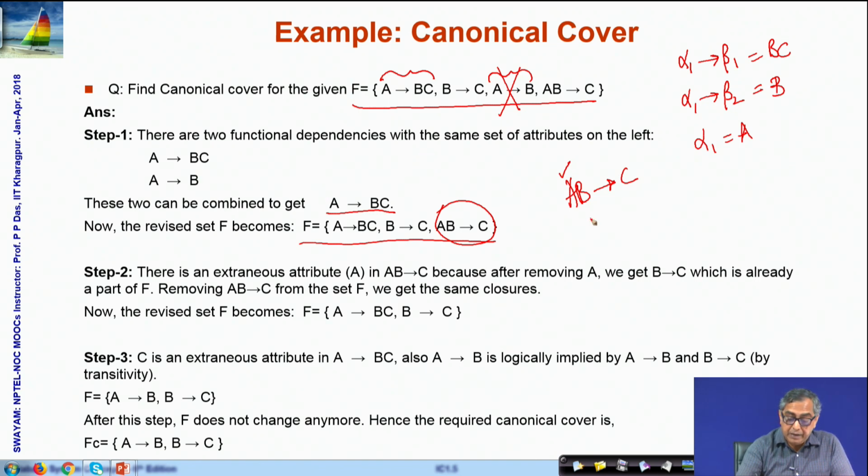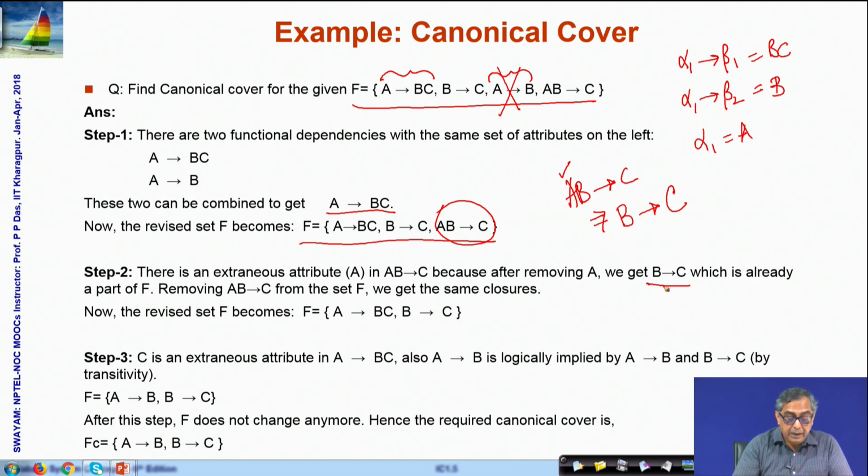So, what will I do? I will remove that. If I remove that, I get a functional dependency B determines C, and I see that B determines C is already there. So, we can check that if we remove A from A B determines C, then we get B determines C.